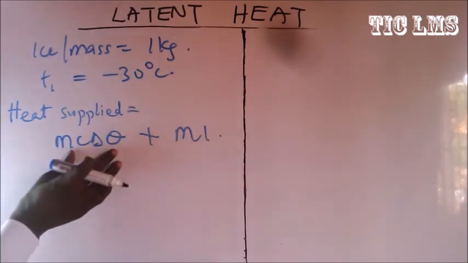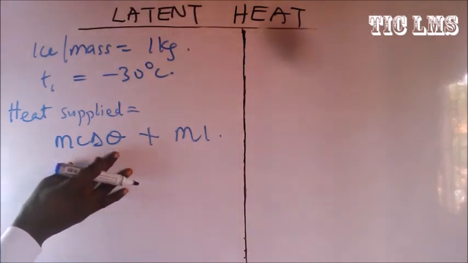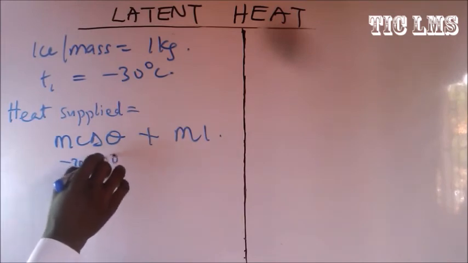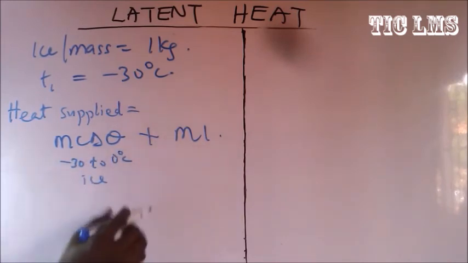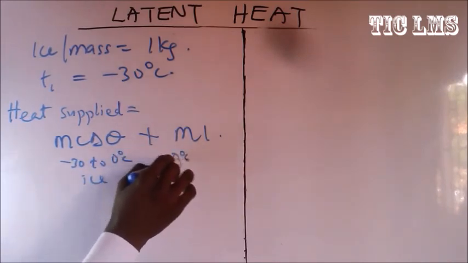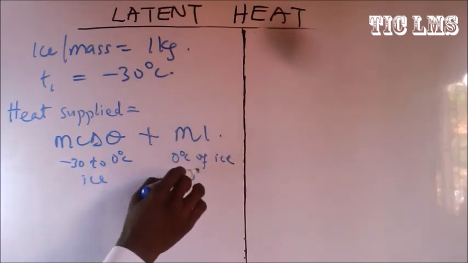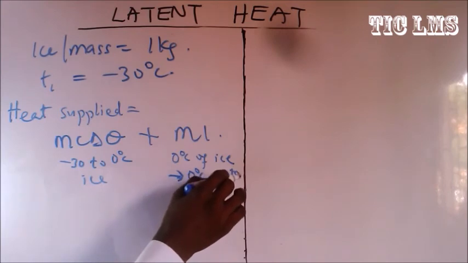What does this mean? This is the heat that will change it from minus 30 to 0 degrees Celsius of ice, and then from 0 degrees Celsius of ice to 0 degrees Celsius of water where it will melt.